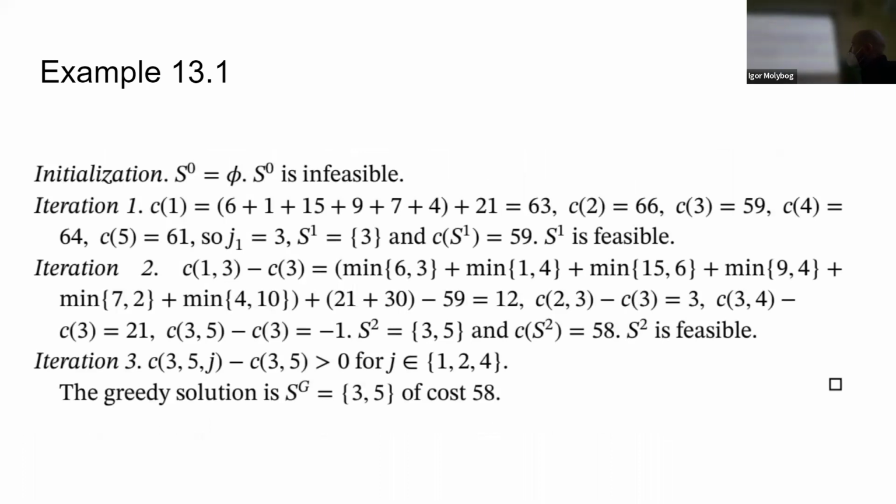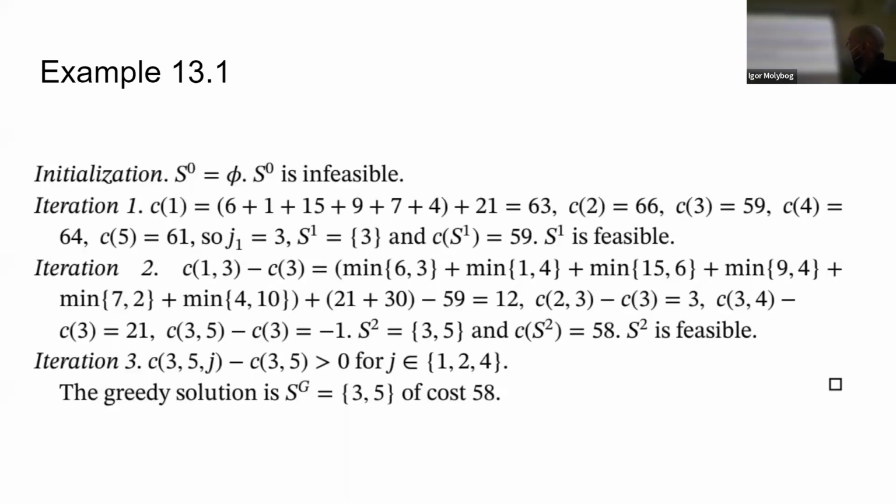Similarly, we can calculate the C of 2, C of 3. So you just change this 1 to be 2 or 3 or 4 or 5, and eventually you can see that our C3 is the minimal, the 59.